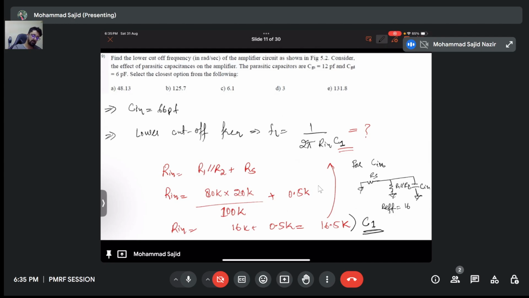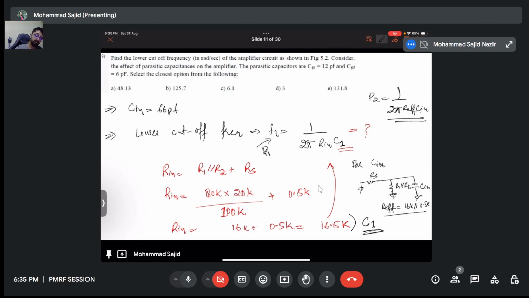It will be 16K, which is R1 parallel R2, parallel RS, that is 0.5 kilo ohm. Use this R effective to calculate another pole. This frequency is actually a pole. Let me call it P1, and another P2 will be 1 by 2 pi R effective C in.